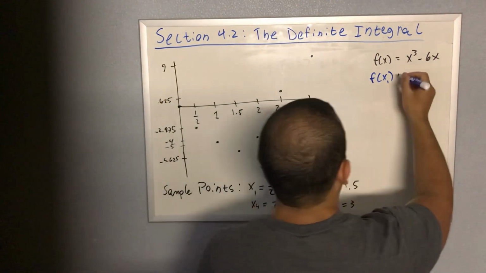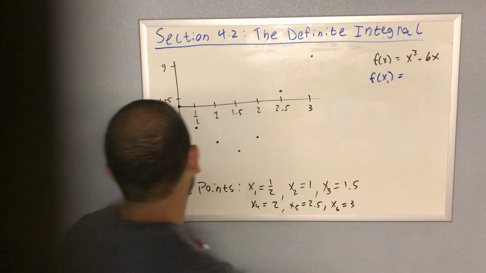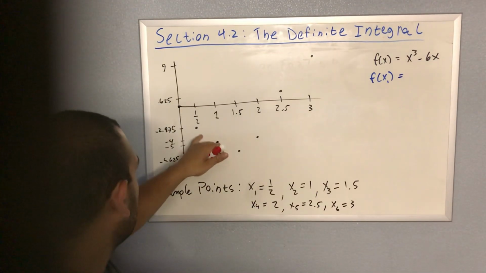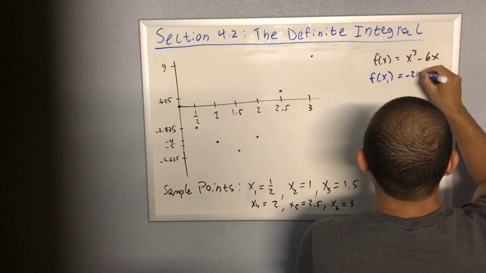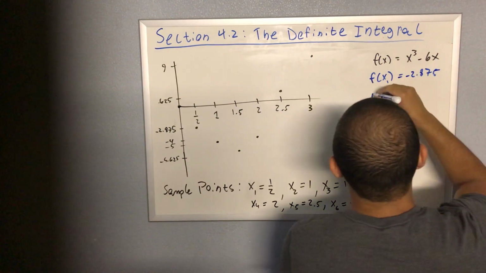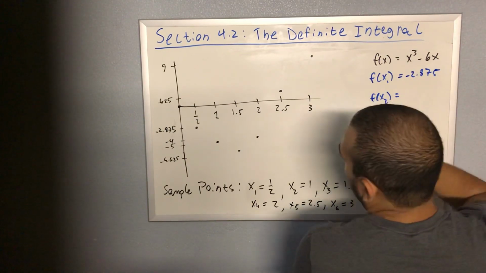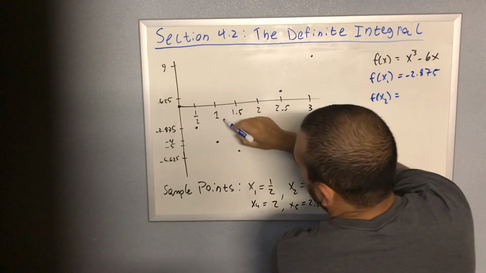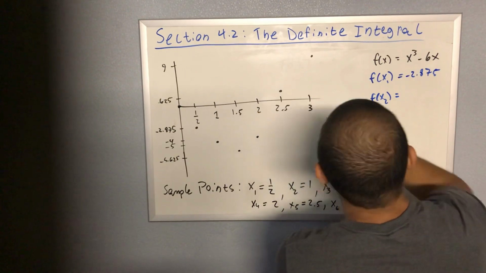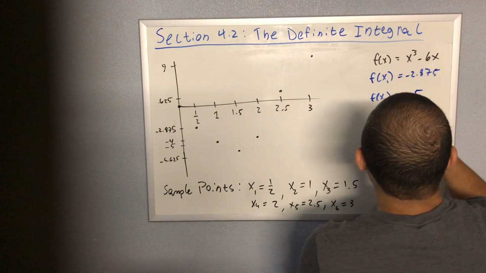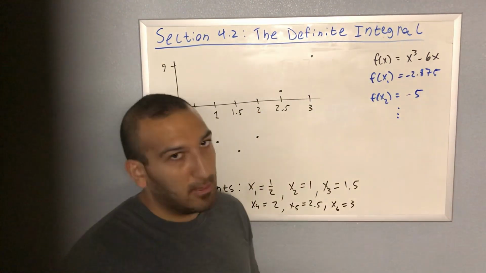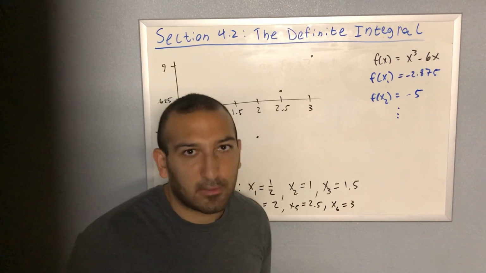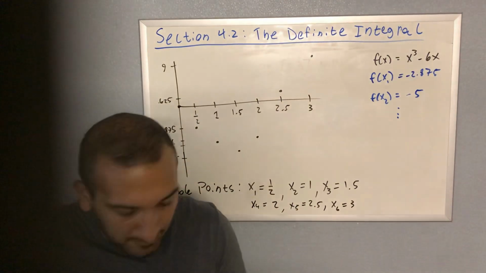So f of x1, aka the height of the rectangle, is going to be negative 2.875. f of x2 is negative 5, and so on. So we have a list of the heights as well. So we're very prepared to calculate the Riemann sum.